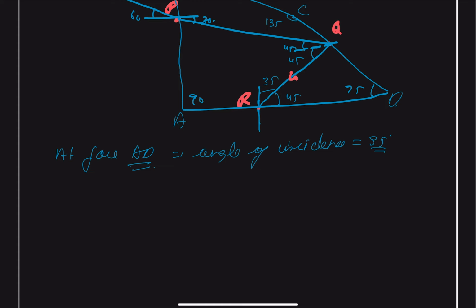Okay, let's look. My mistake, one second, this cannot be 45 because the normal is not parallel to this one. Okay, so let us find out what will be the angle of incidence here.